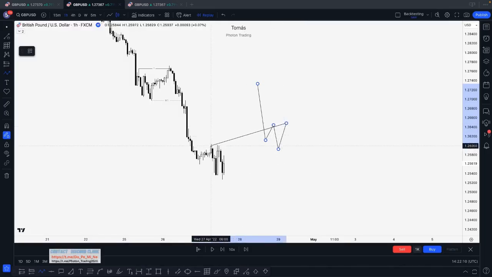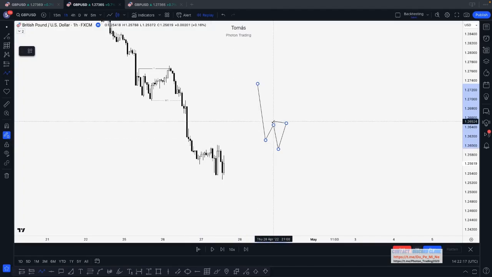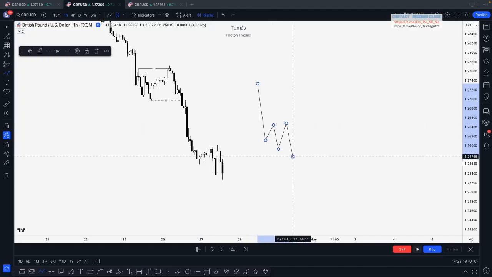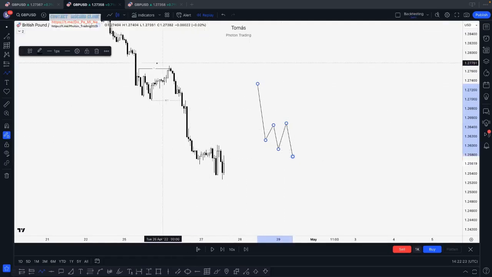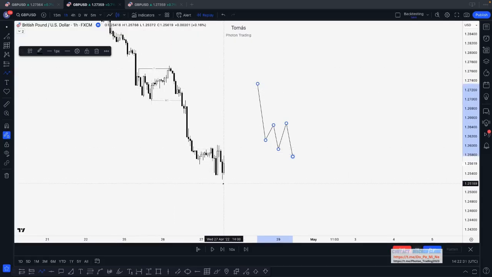So everyone that gets involved here with limit orders or risk gains, whatever, gets swept, and then price moves back down. So it gives me some kind of similarities between this and this one. It swept the high and pushed back down.